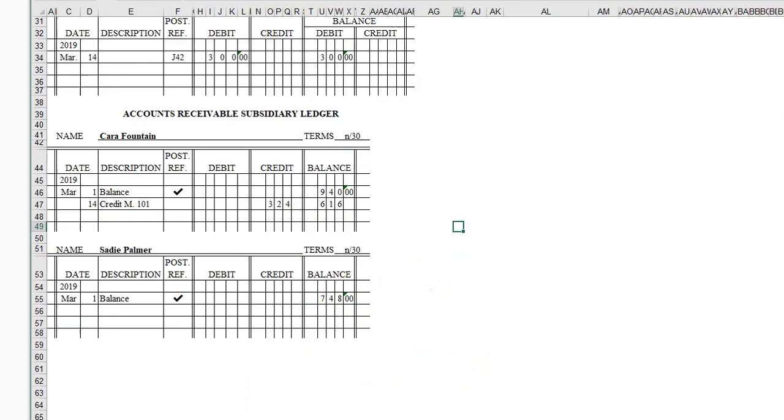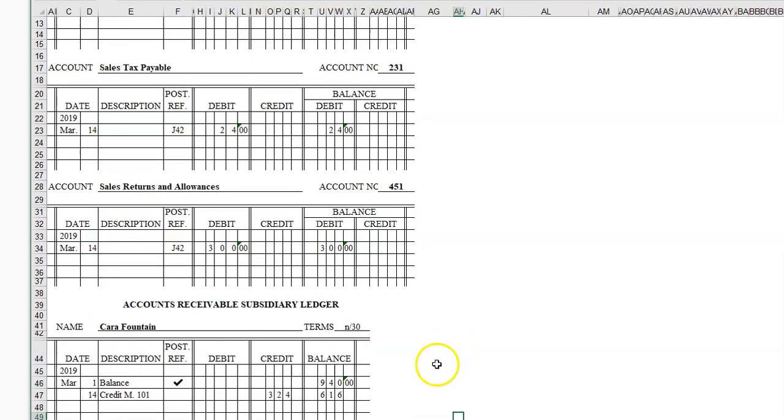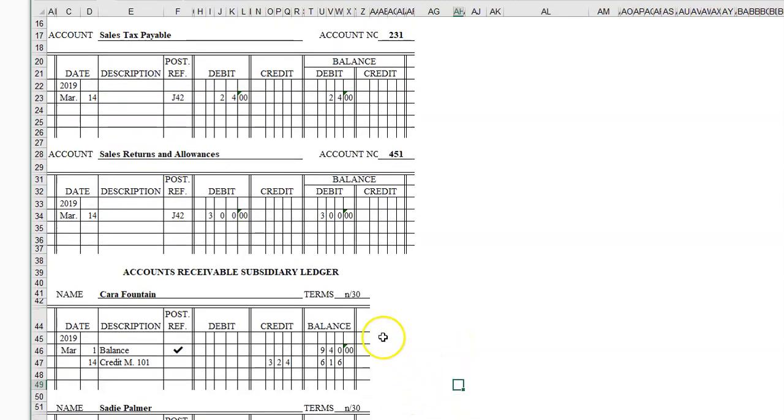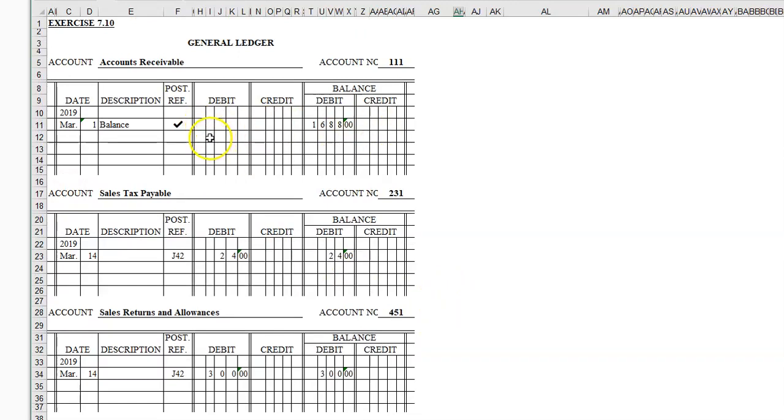Actually, before we do Kara's, let's make sense out of this. Wherever we throw in a credit, we have to throw in a debit. We can't just throw in a credit somewhere without posting a debit somewhere. So this is the subsidiary ledger. We're going to go to the regular accounts receivable ledger to put in the other side. That's going to be up here at the top, March 14th.